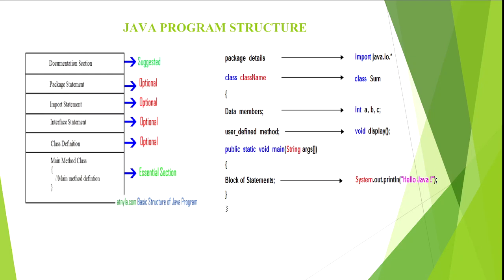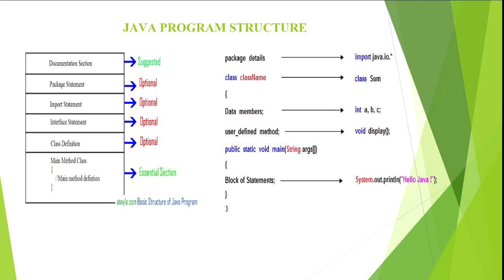Into this main method I have used one statement, that is system.out.println hello Java. This statement is very similar to the printf statement in the C language. With this system.out.println, the message hello Java is printed as it is on the console on the monitor.